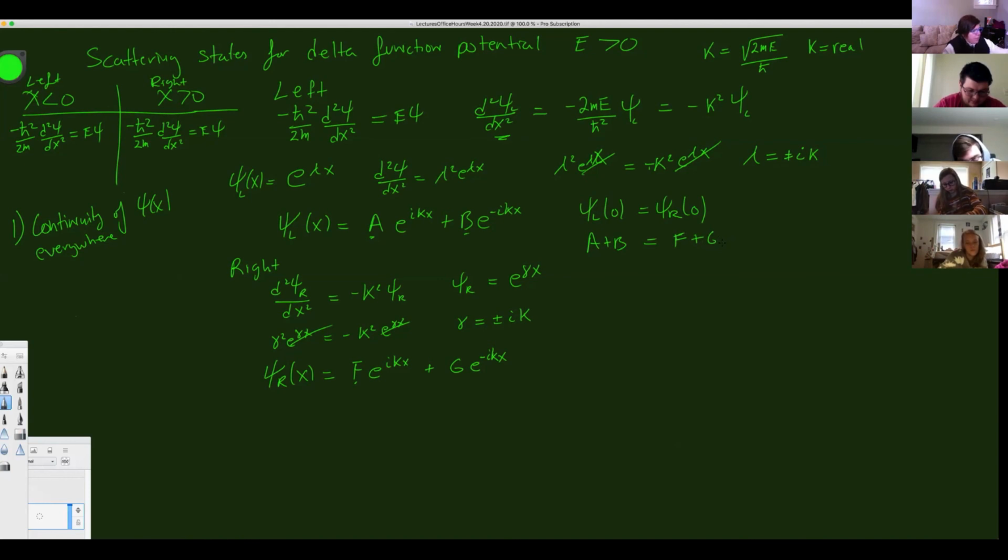We can go through that whole rigmarole that we went through before for the second boundary condition. The second boundary condition was continuity of d psi dx everywhere except where b is infinity.